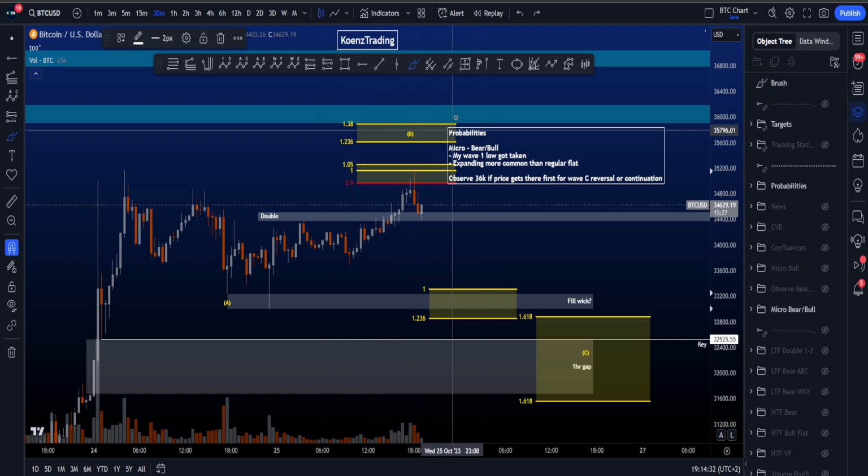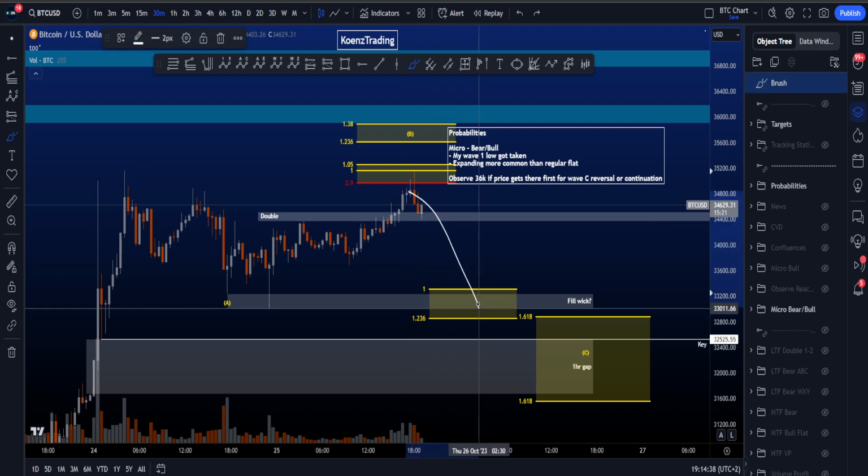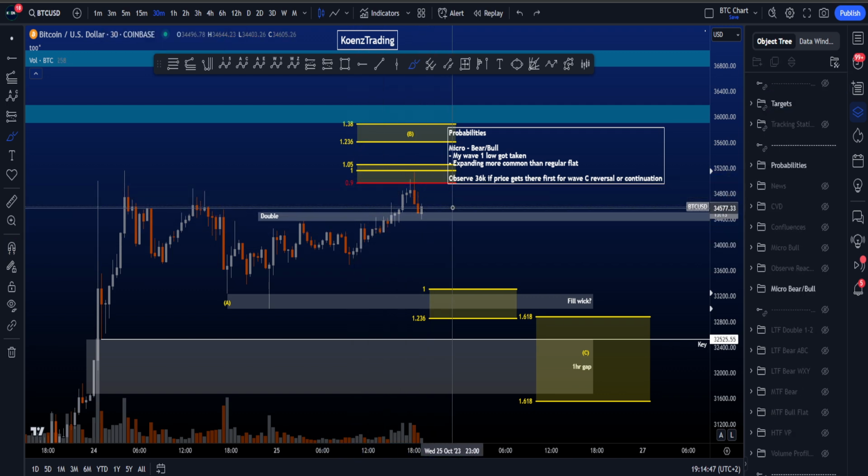So if price moves up, I'm going to be looking for the reaction at 36K for then potentially a move down, or of course you already get a move down, but we're now finding support at the target box. We broke it, it was resistance, we're now finding support, potential continuation, right?